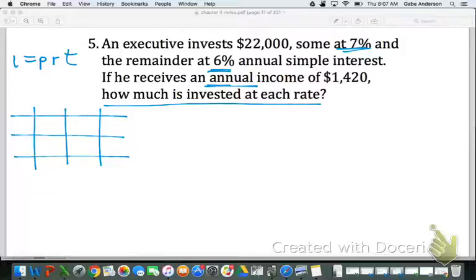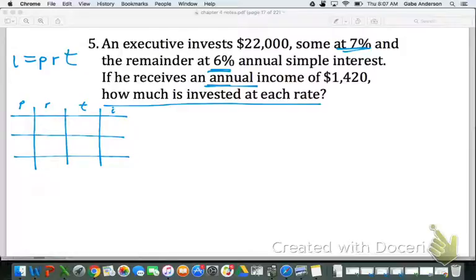P, R, T, and I. Knowing that I equals P, R, T, I'm just going to get my principal, my rate, my time, everything set up here. So some of these are pretty straightforward to pull out of the question.